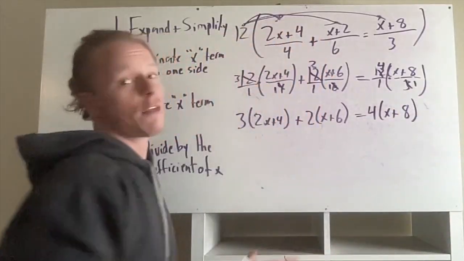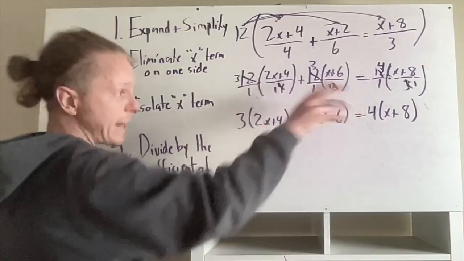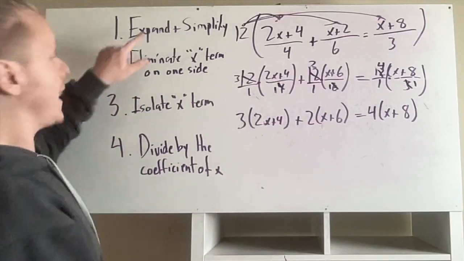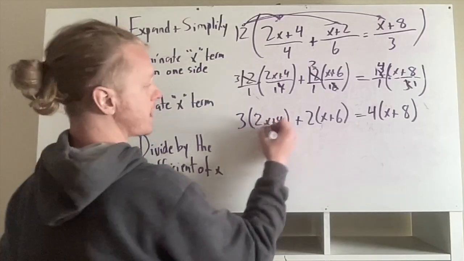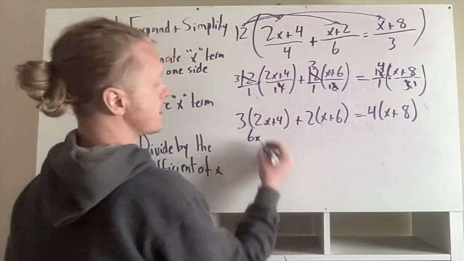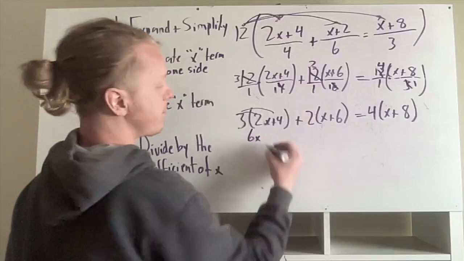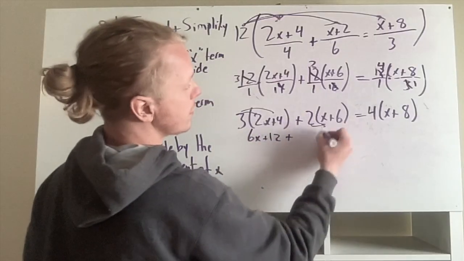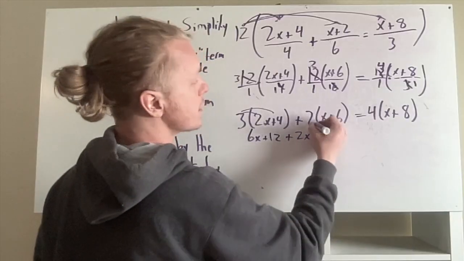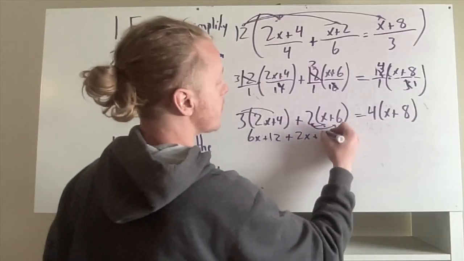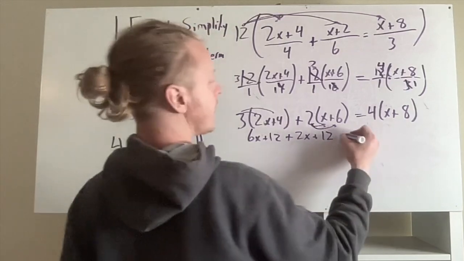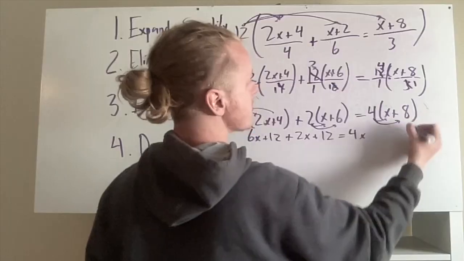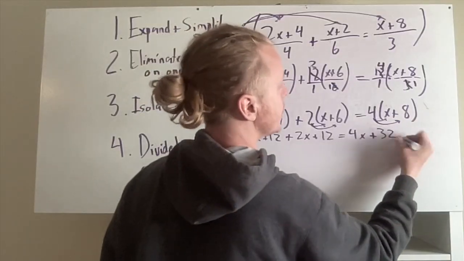All right, now that we've gotten rid of our denominators, we got rid of our fractions, right? Let's just go through our 4 steps. Expand. 3 times 2x is 6x. 3 times positive 4, positive 12, plus 2 times x is 2x. 2 times positive 6 plus 12 equals 4 times x is 4x. 4 times positive 8, positive 32.